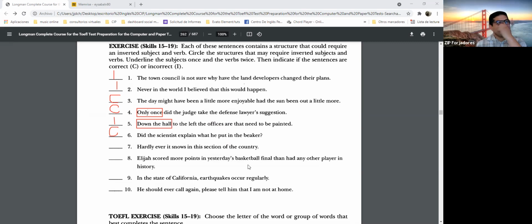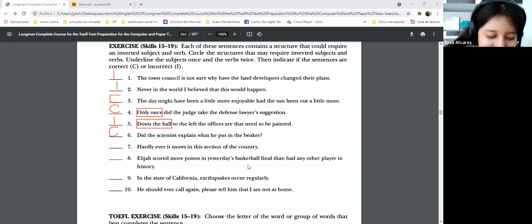Okay. Good. The next number, 7. The number 7, I also have it incorrect, but not in the same way as the correct answer. We start with the negative expression, and then I thought that first we need to say the snow.